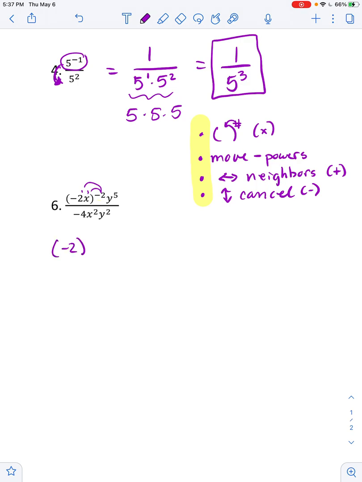So my negative 2 will go from being to the first power to the 1 times negative 2 power. My x will go from having just a power of 1 to 1 times negative 2. Then I still have my y to the 5 over a negative 4, x to the second, y to the second. And all I did was this.